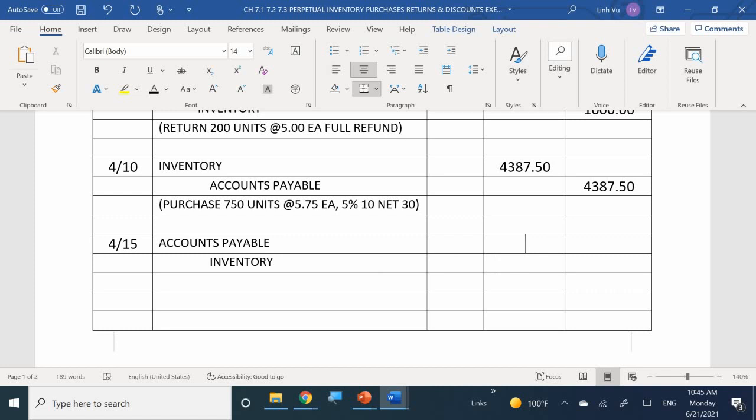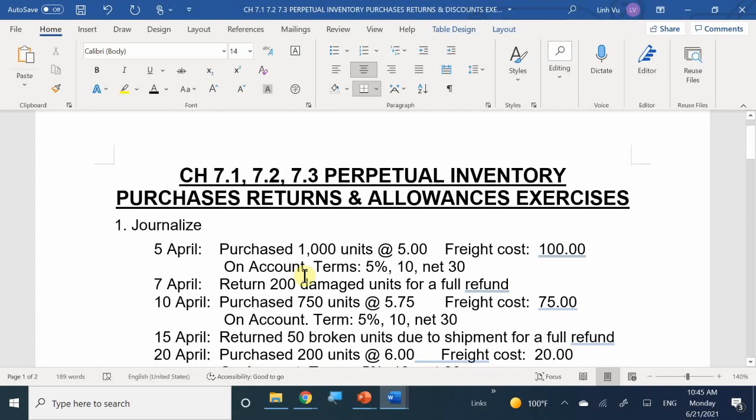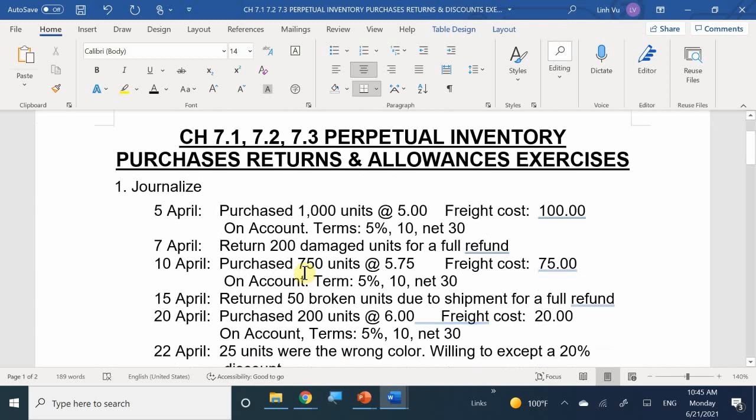So how did you calculate that? How many will we return? We are returning 50 of them, 50 times 5.75.